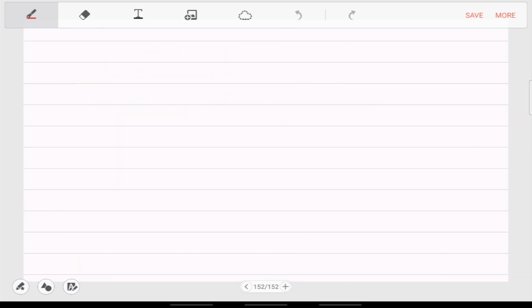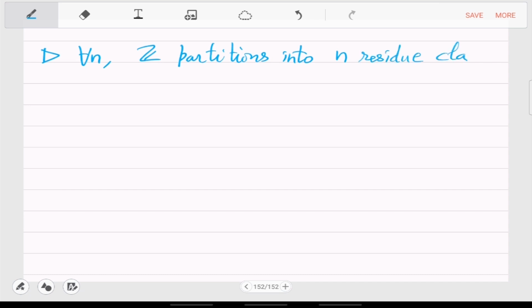So we can write that as a property. For all n, Z partitions into n residue classes mod n.